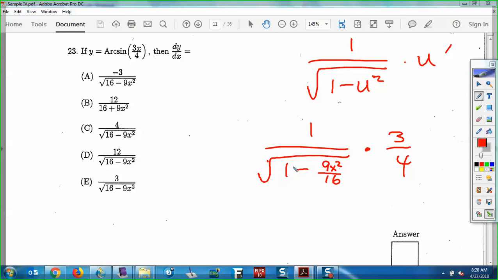What we can do is take the top and the bottom of this and multiply by the square root of 16, which is times 1. Now, why would I want to do that?